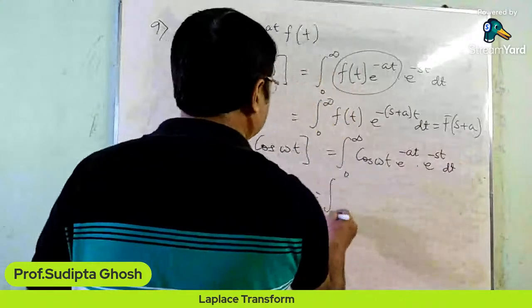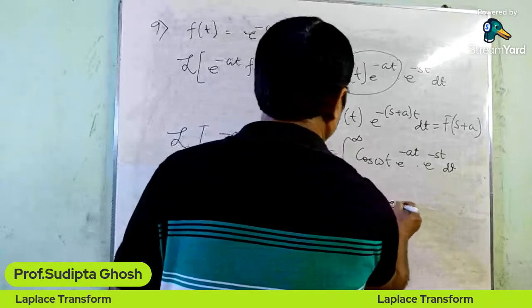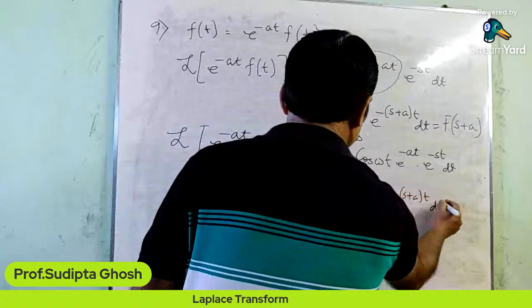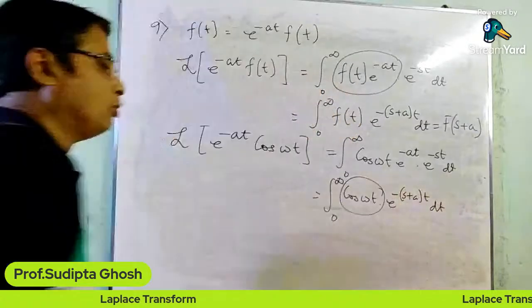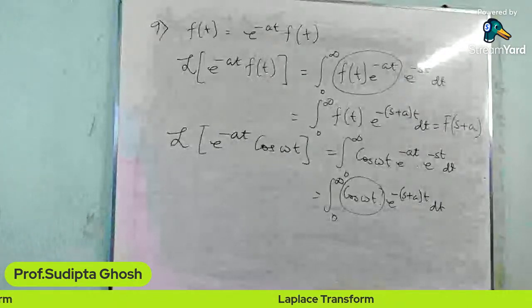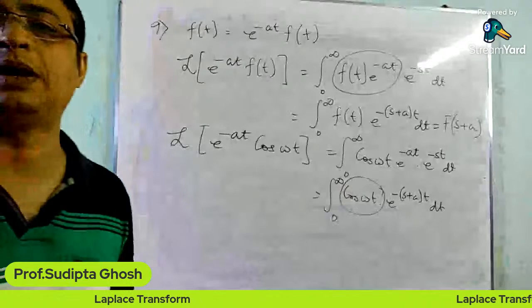So this can be written as the integral from 0 to infinity of cos omega t times e to the power minus (s plus a) t dt. This is the time domain function f of t, which is cos omega t.